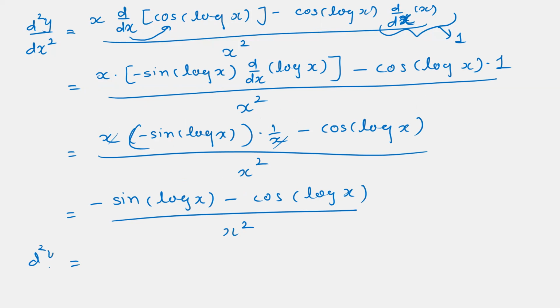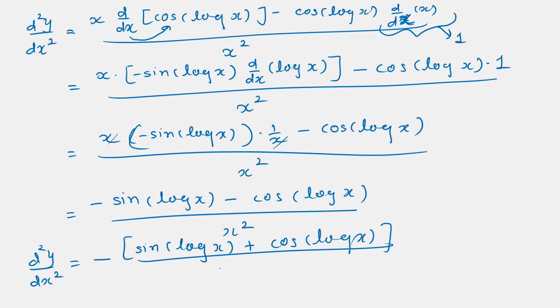As your NCERT says, minus can be taken as common, and you will be having sine log x, minus is out, plus cos log x upon x square.